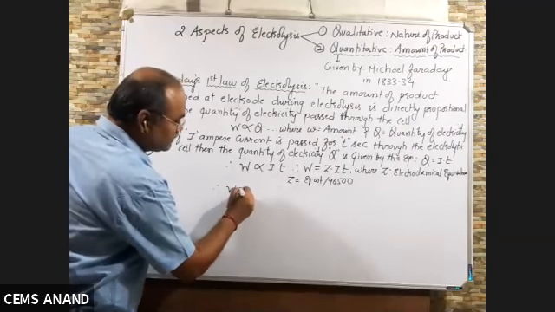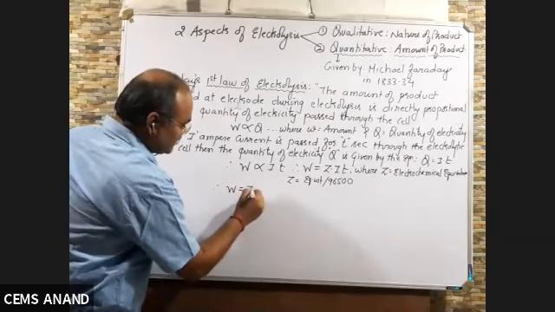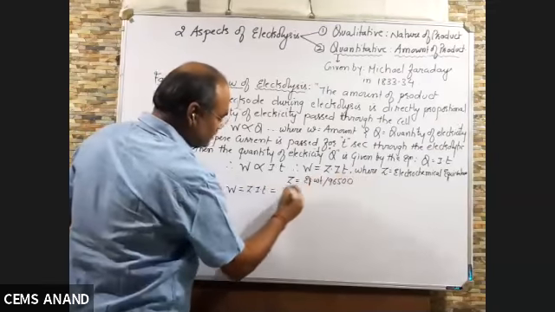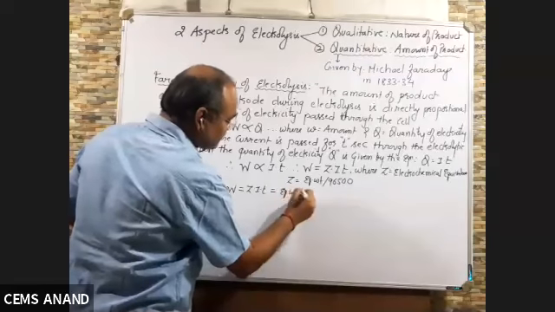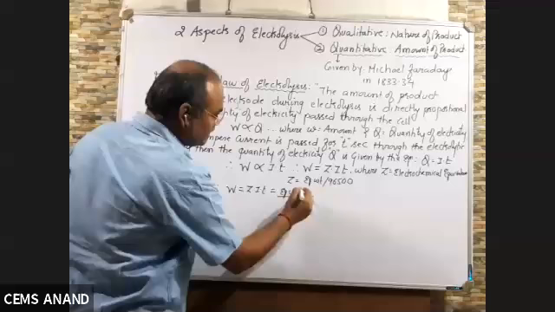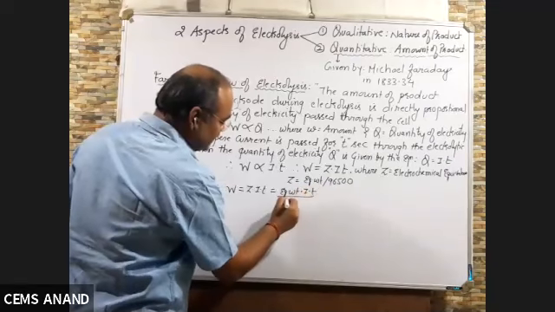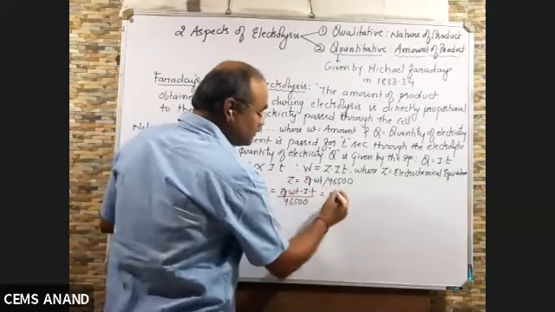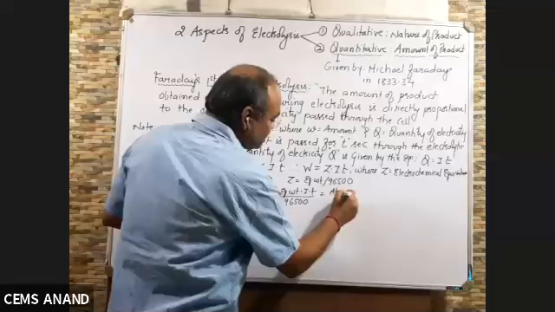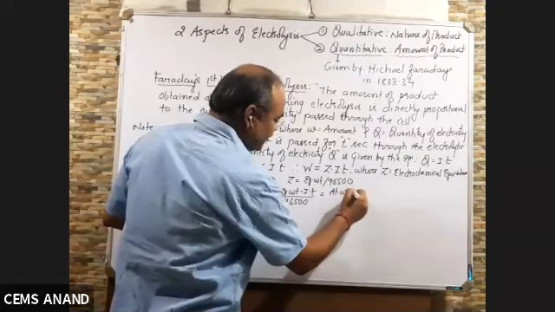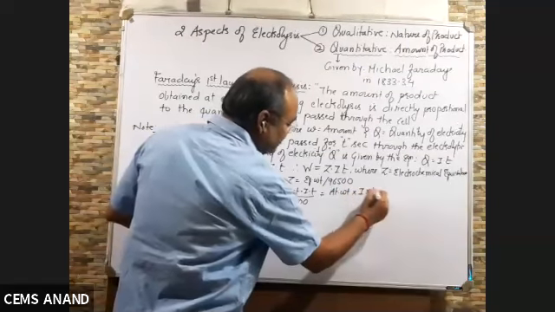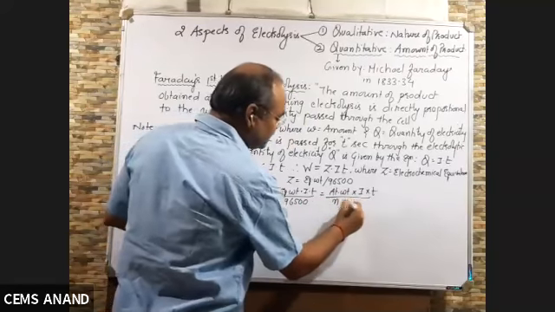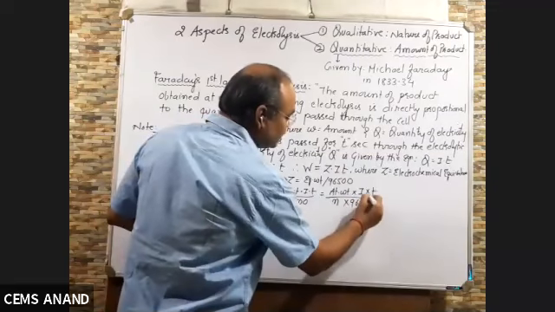So W is equal to ZIT, but Z is what? Equivalent weight divided by 96500, into I into T. What is equivalent weight? You have studied in 11th: atomic weight, or molecular weight if you want to find it for a molecule, divided by N. N is the N factor, the number of electrons transferred, into 96500 coulomb.